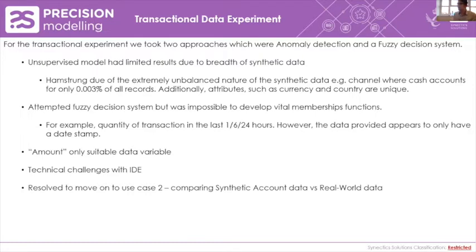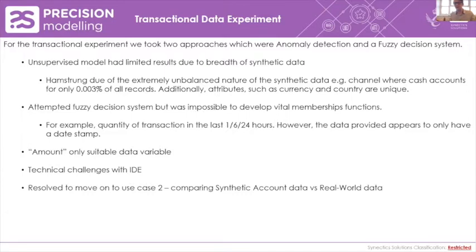This was largely due to the nature of the data, the lack of vital membership functions, and the fact that the only real variable we could use is the amount variable. We couldn't create a particularly predictive model, so we didn't think it would be a good benchmark versus some of our existing ones. So we decided to move on and try a different one of the synthetic data sets and create an alternative model.